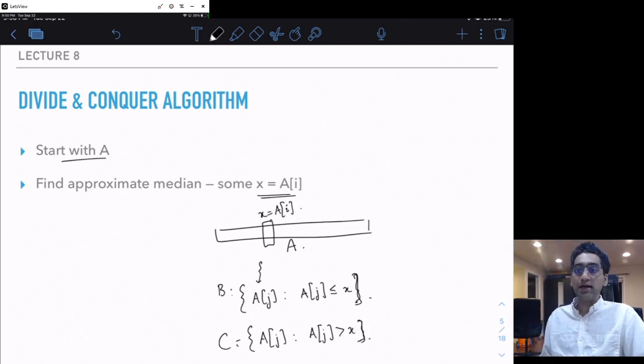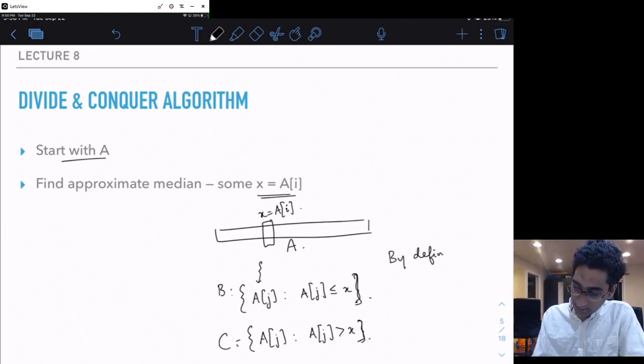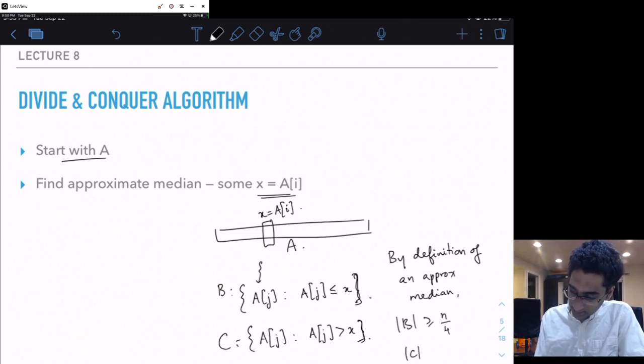Okay, and by the definition of an approximate median, the size of B is bigger than or equal to n by 4 and the size of C is also bigger than or equal to n by 4. Okay, so that's what you've got.